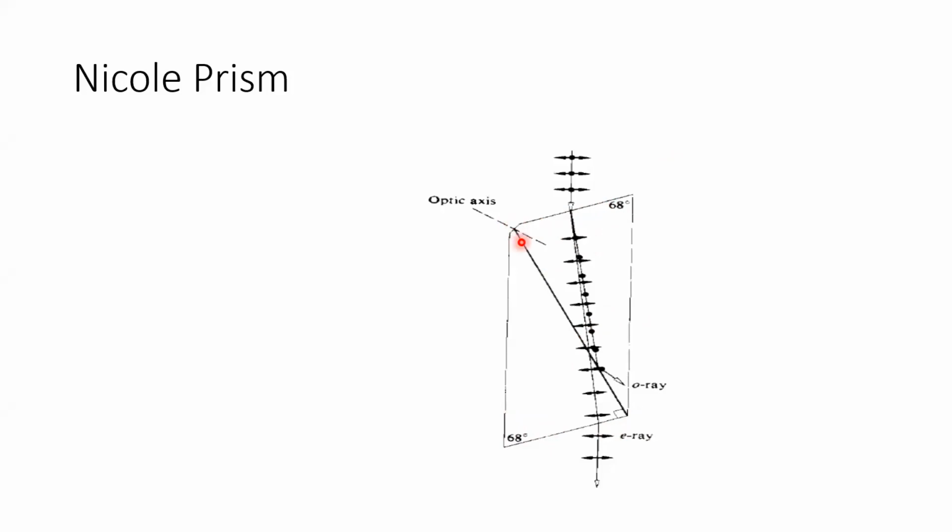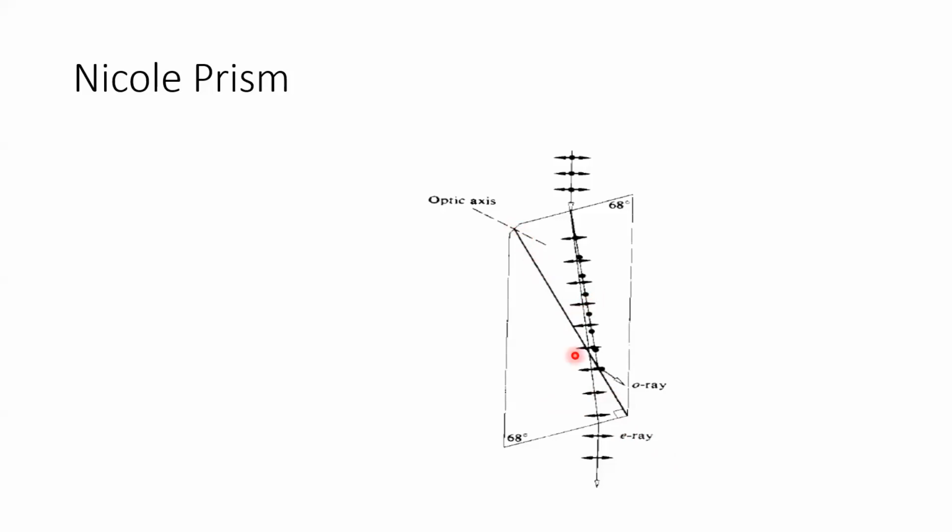You're joining these two prisms with a material with a very specific refractive index, which lies practically between NO and NE for calcite. It's a material called Canada balsam that's used to fuse these two prisms together.